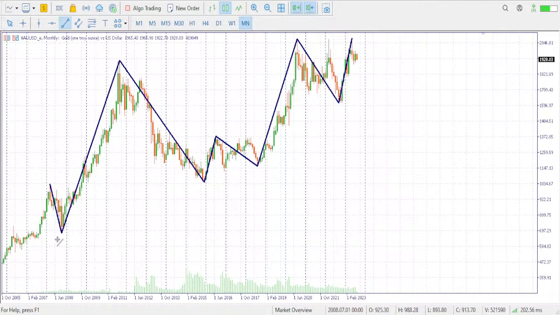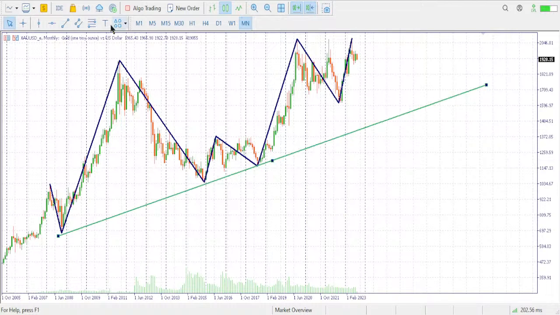If you draw a line like this, you can see that we have a very good resistance. We have a resistance and we have another resistance here. We have another one here, and currently as we're talking right now, the price has formed another low.